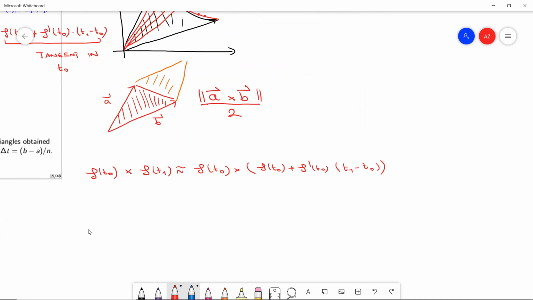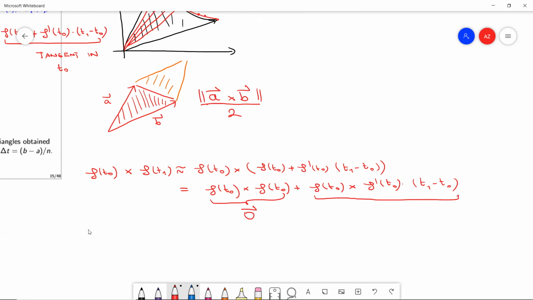So cross product is linear, so it's f of t naught cross product f of t naught plus f of t naught cross product f prime of t naught times t1 minus t naught. But the cross product of two vectors which are the same is 0, because then we get the degenerate parallelogram. So this is a 0 vector, so it cancels out. And what we get is this cross product times delta t naught.